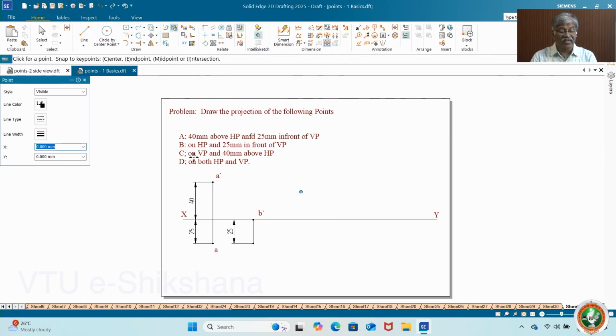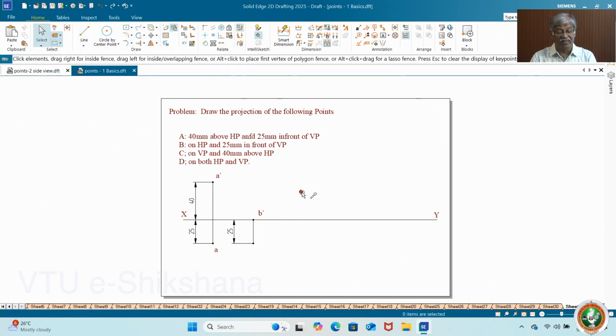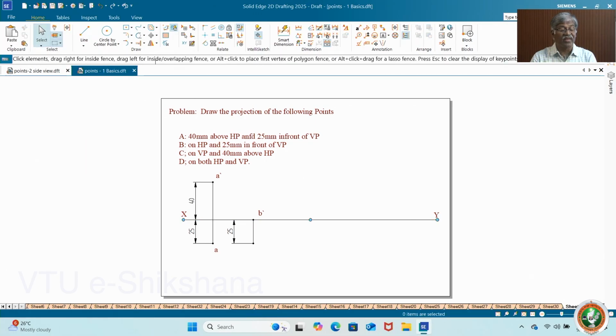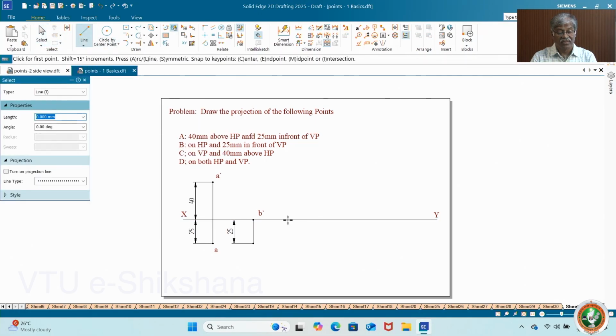Next point is C. C is on VP and 40 mm above HP. So the point which is above HP means above XY line. There is no change, narrow concept. The front view is above XY line. So mark that first. Always you prefer to have the point which is for HP, 40 mm above HP.